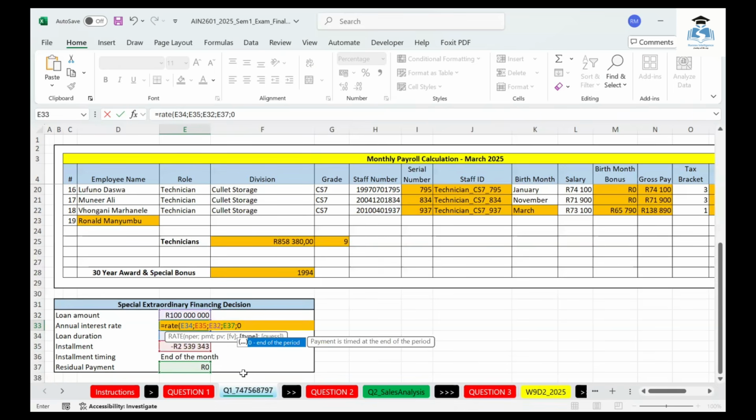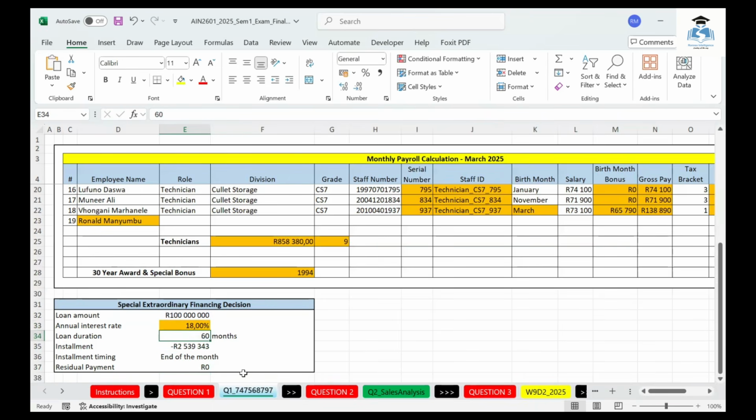We close. But remember, the rate is annual, so you then multiply by what? By 12. Done.